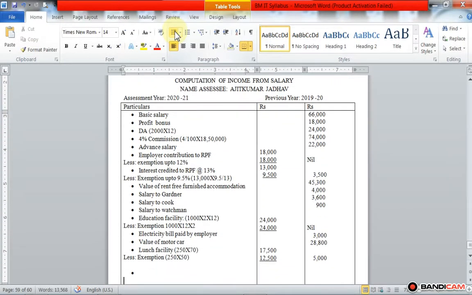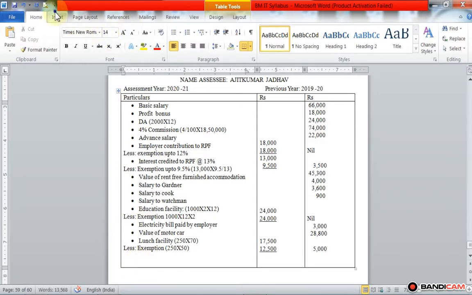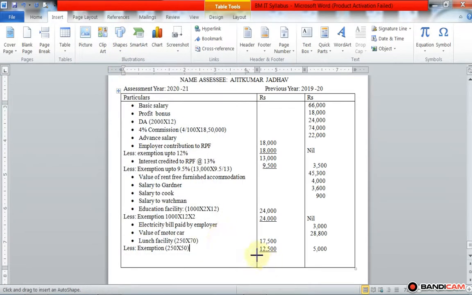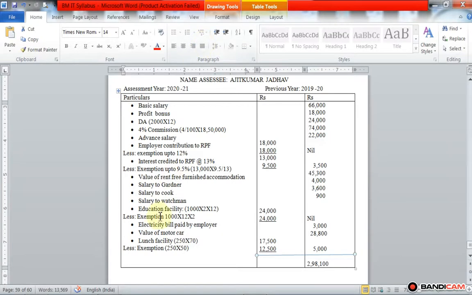Okay, so make the total, and the total is equal to 2,98,100. That total is called gross salary.